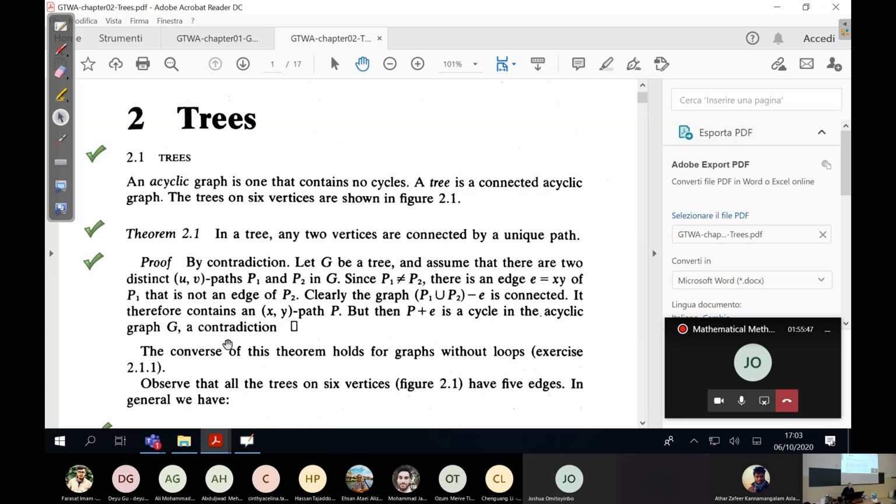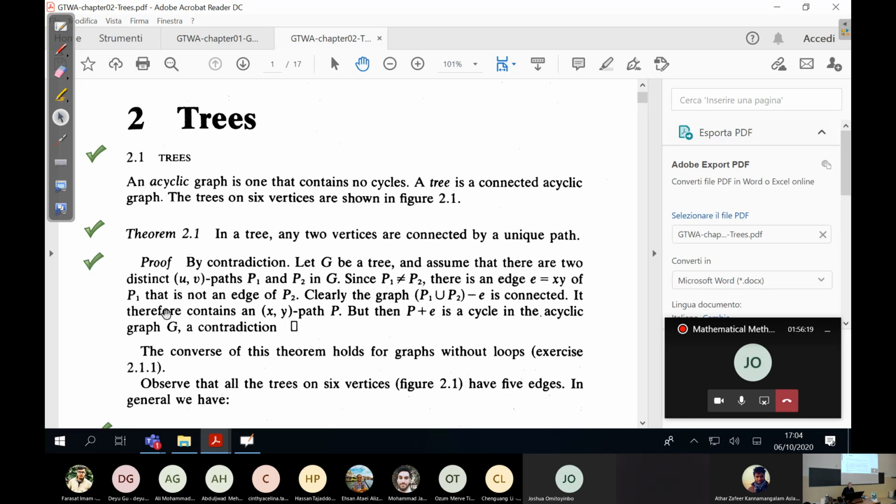And so in particular, from X to Y, there is this path. Let's call this a surely existing path P. But if I put back E to this path, which connects X to Y, of course not passing through E because E is not there, then a cycle appears.